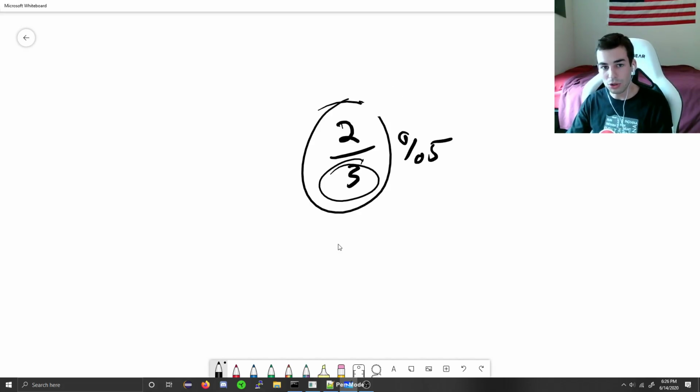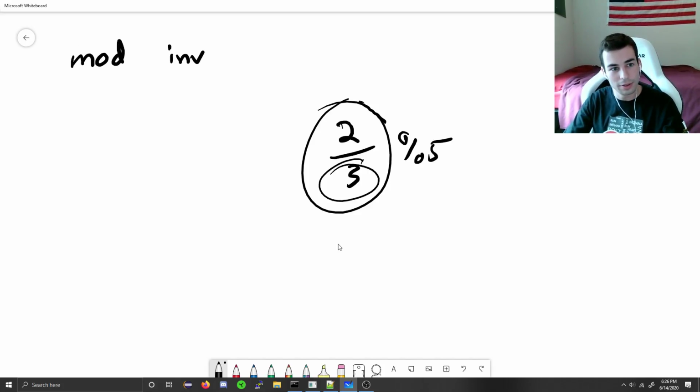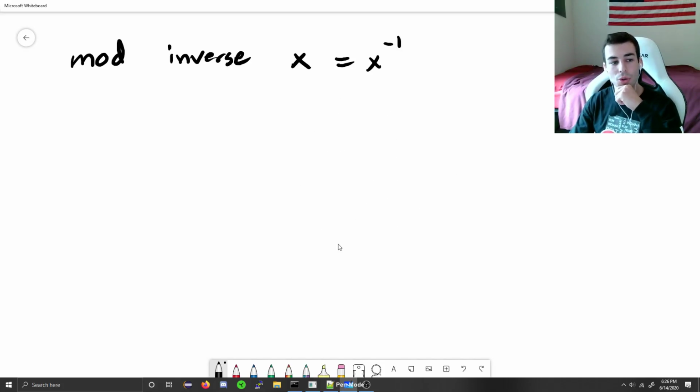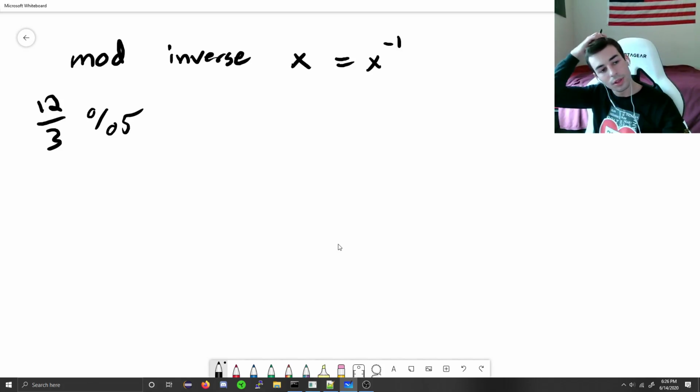So instead, what we can do is use this thing called the modulo inverse. And if we want to find the mod inverse of x, we can write that as x to the negative 1. That's what people usually do. So ultimately we want to calculate what 12 divided by 3 is, with respect to the mod of 5.